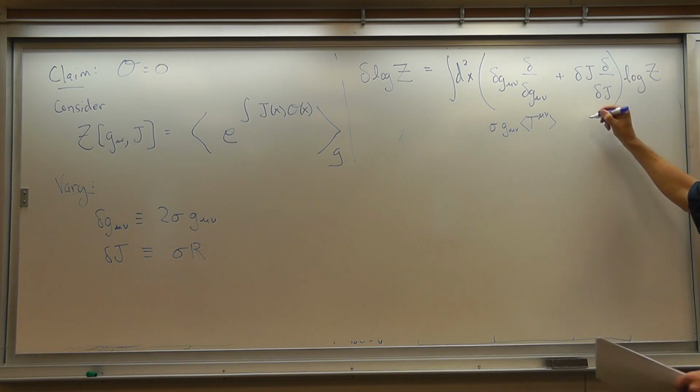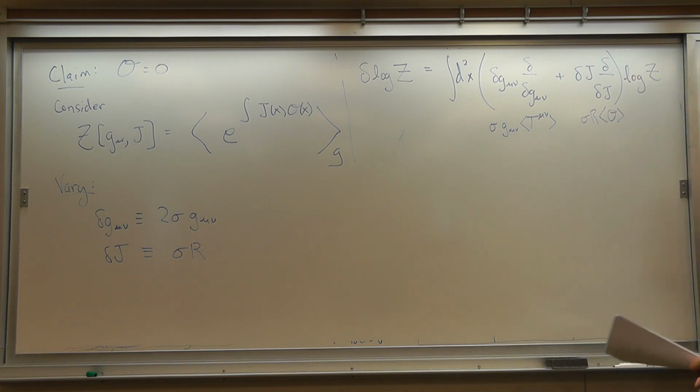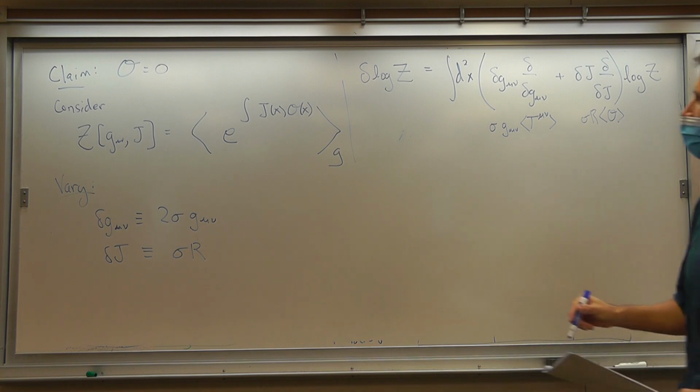The delta J we said was sigma R. And so I've designed the coefficients here in such a way that they add up to just give the anomaly term using our trace formula.